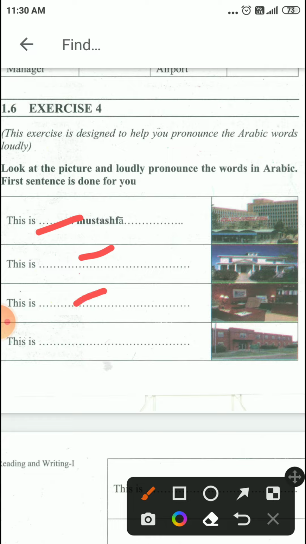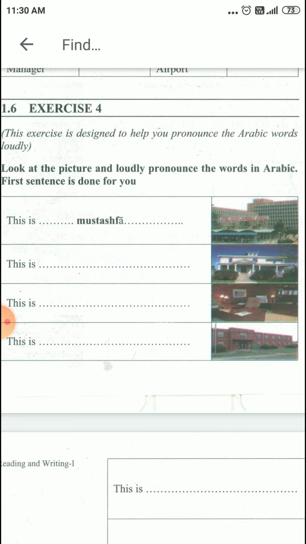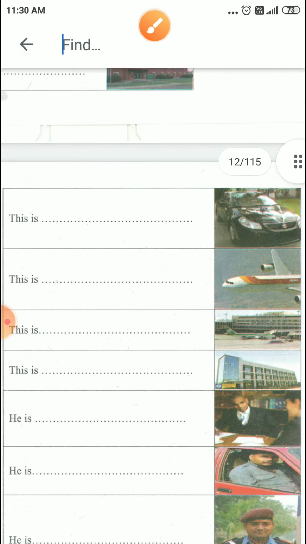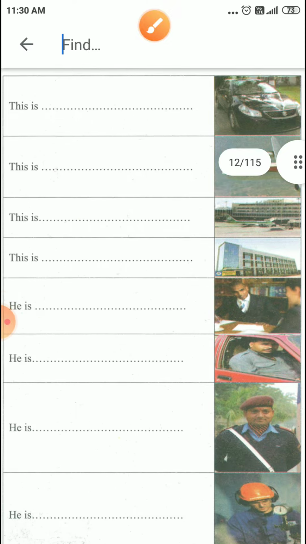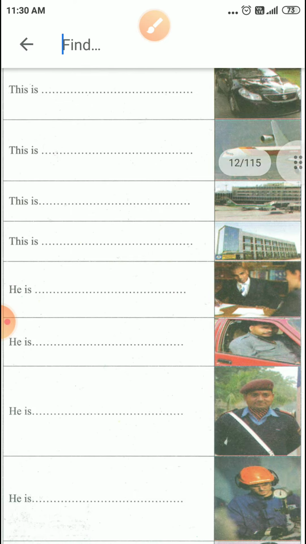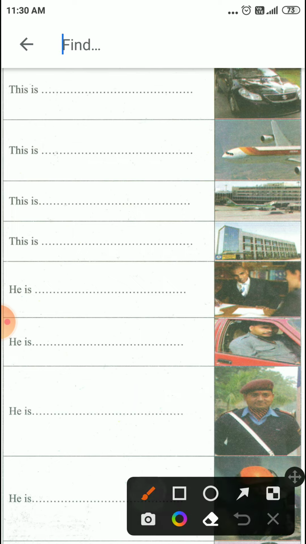This is maktab, office. This is madrasa, school. This is sayyara, car. This is ta'ira, aeroplane. This is matar, airport.